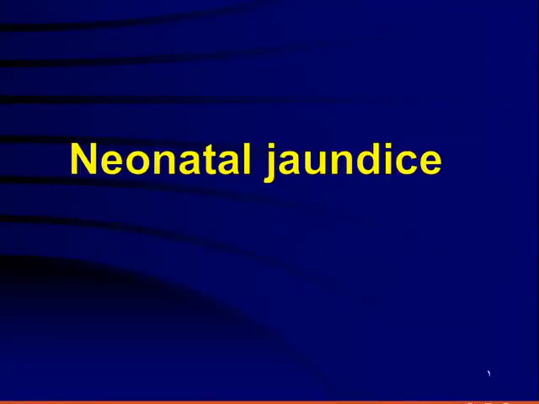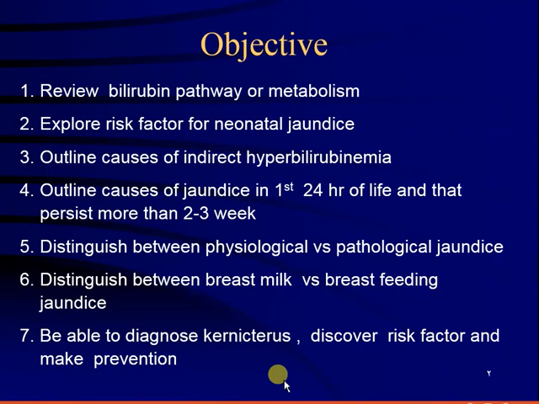This is the first lecture of neonatal jaundice. The objective of this lecture is to review bilirubin pathway or metabolism, explore risk factors, causes of indirect hyperbilirubinemia, causes of jaundice in the first 24 hours of life, and jaundice that may persist more than 2 to 3 weeks, which is called prolonged jaundice.